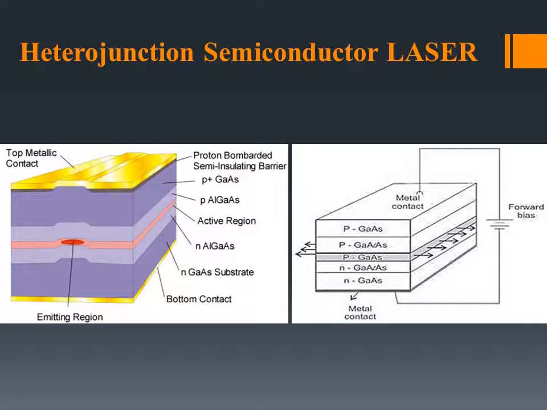The junctions of the gallium arsenide p-type third layer and gallium aluminum arsenide n-type fourth layer are well polished, and hence they act as an optical resonator. The upper and lower electrodes help in forward biasing the diode.